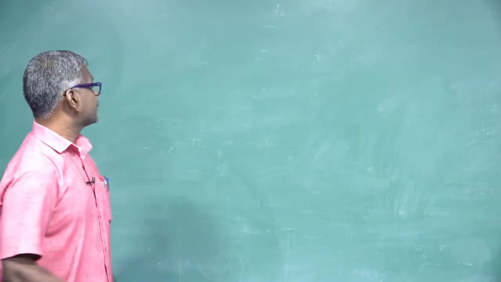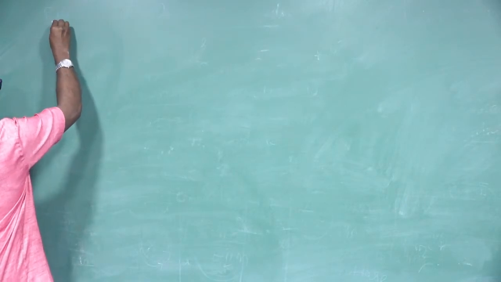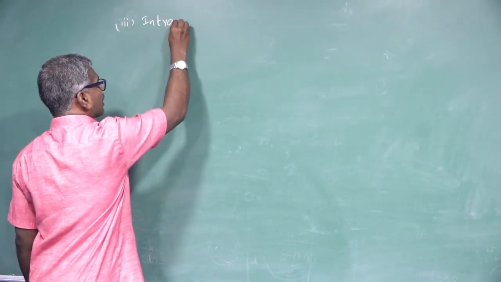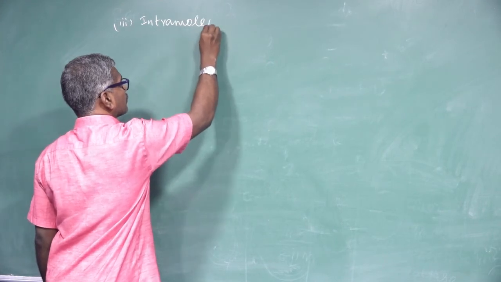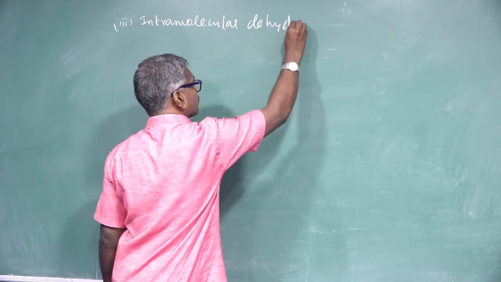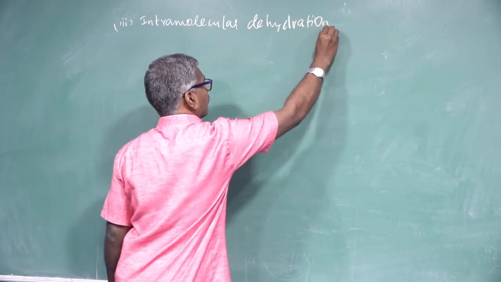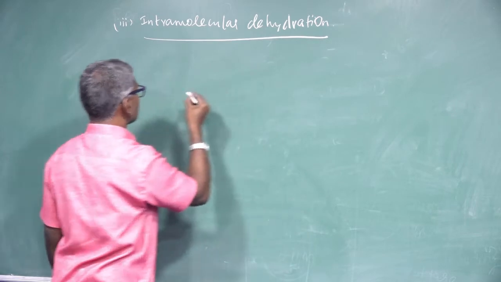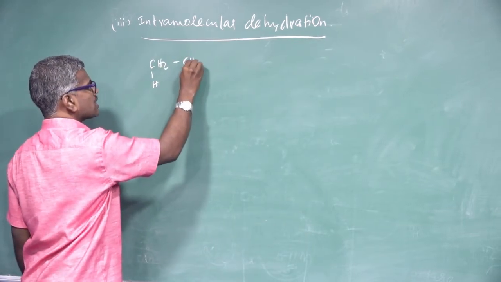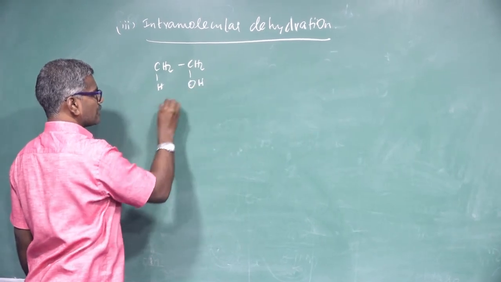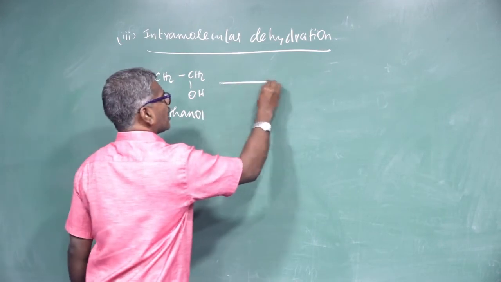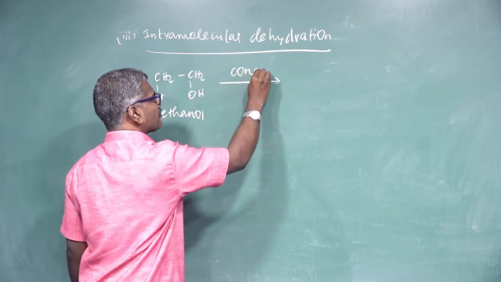Another example: intramolecular dehydration. For example, CH3CH2OH, named ethanol, is treated with concentrated sulfuric acid.